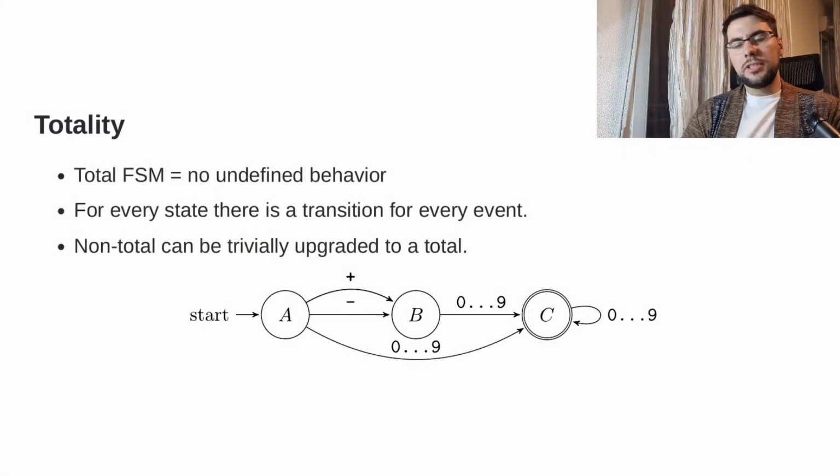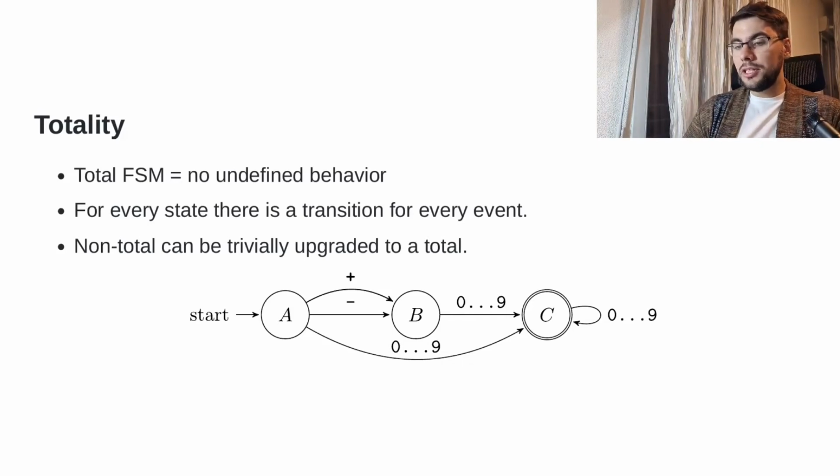Some finite state machines do not exhibit undefined behavior no matter which events they observe. This happens if for every state there is a transition for every possible event. For example, consider this state machine that we have already studied. And imagine that we have an input of two events, plus sign and another plus sign.